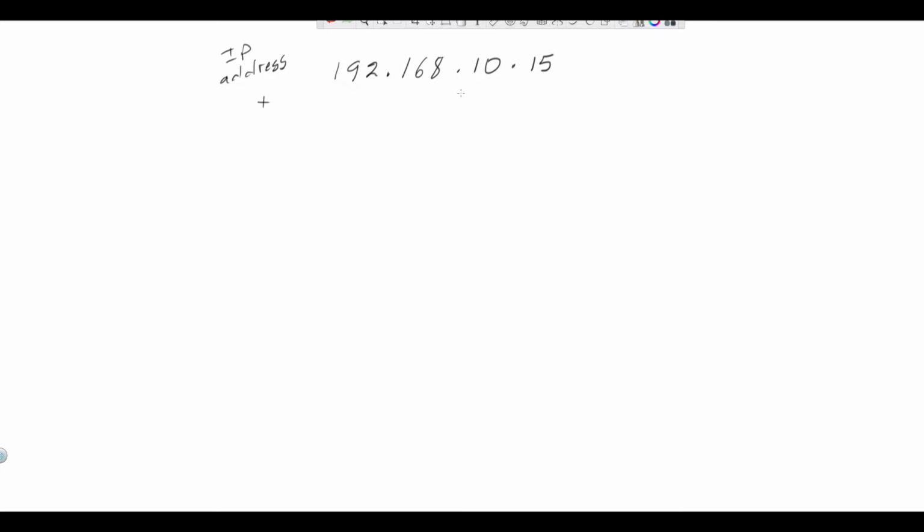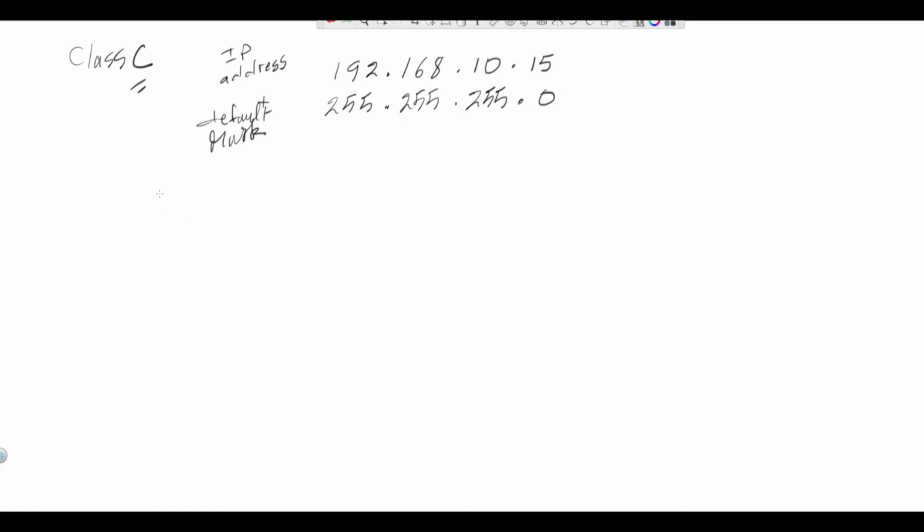So if you're going to use the default mask for class C, remember this is class C, okay? So you could use 255.255.255.0, right? So that would be the default mask for this class.